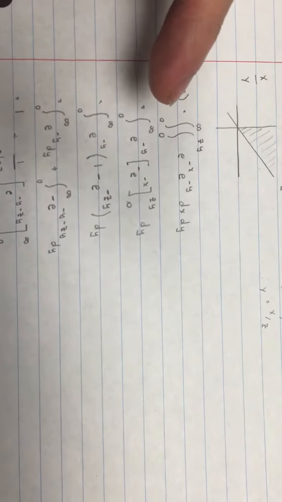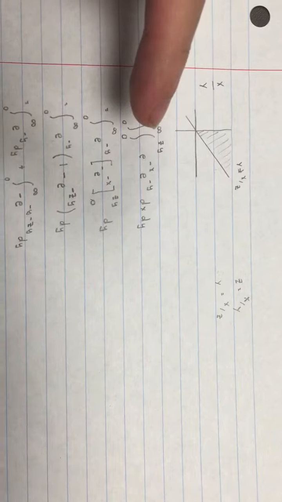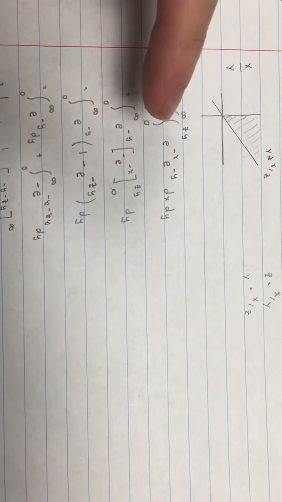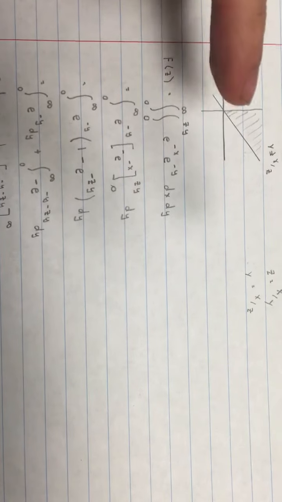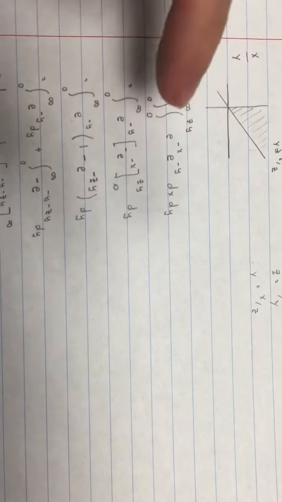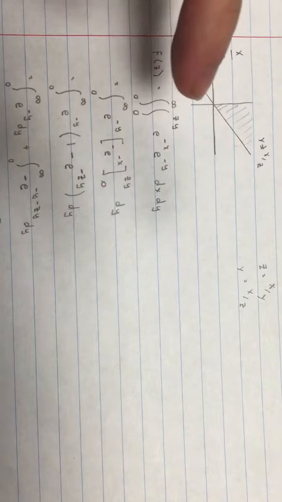And so it's going to be the integral over the product of these two functions from the range of these two functions. So the range of x goes from 0 to zy. So how do we get that?